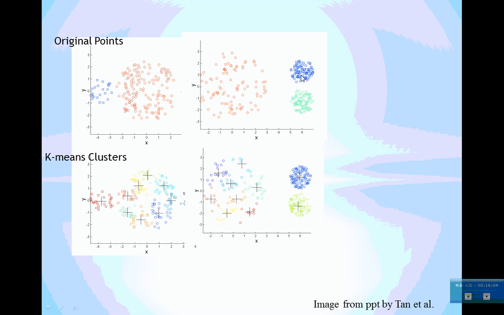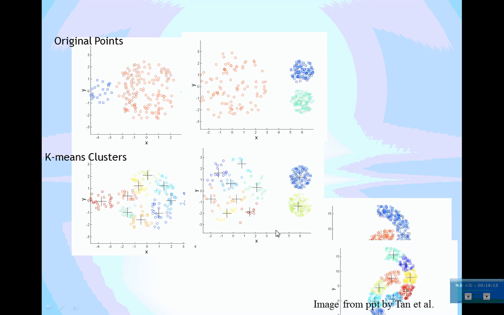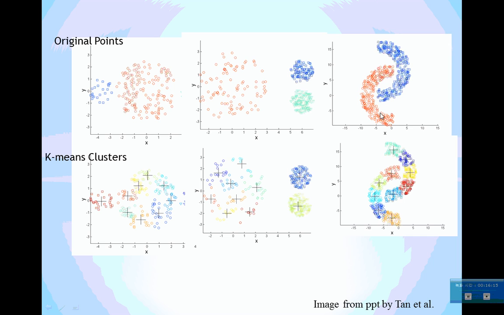And for different densities, we can also use more clusters, then we can get this output. And for non-globular shapes, we can also do it this way.